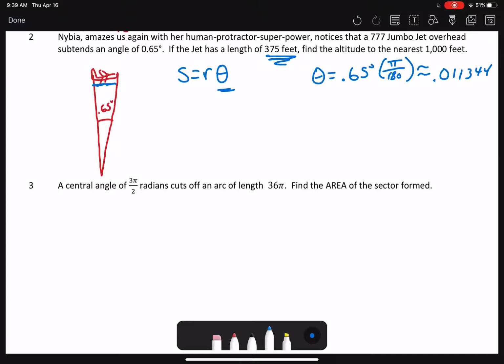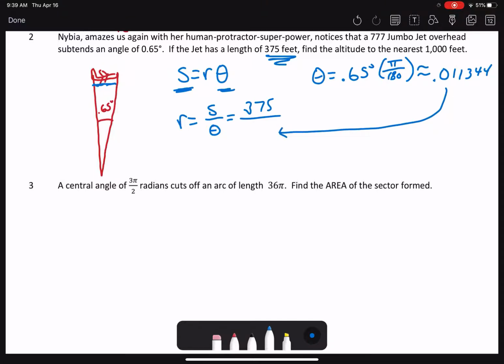I don't know my radius, but I do know my arc length. So to get radius by itself, I have to go, well, radius is equal to arc length divided by theta. And so I know my arc length is 375, and I put that over this number. Okay?